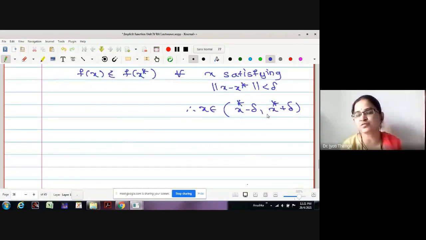That is, this is a small delta neighborhood around the point x star, and in that neighborhood x star gives me the maximum value. Then one can say it is local maxima.